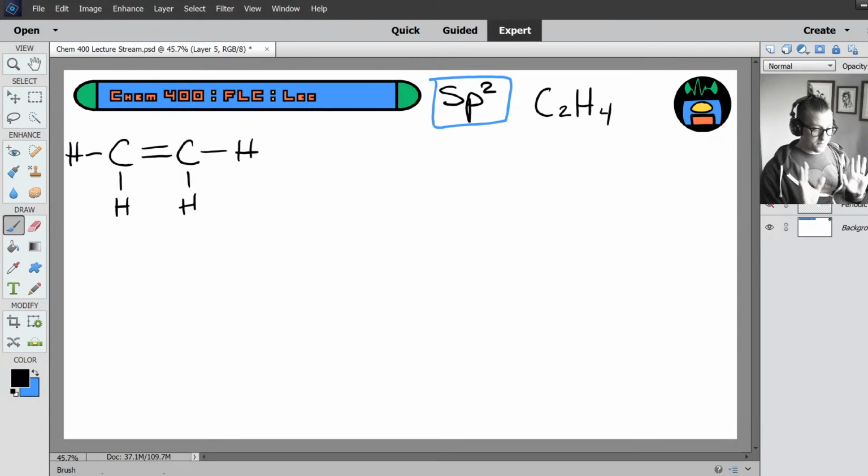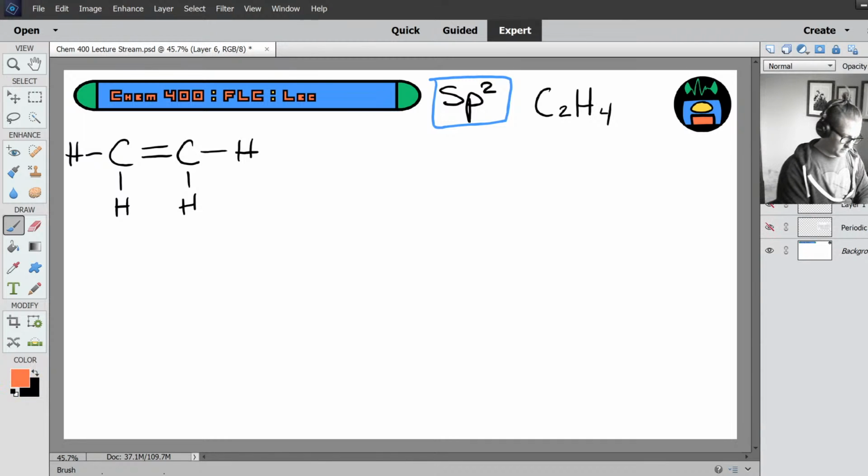Now we can look at each carbon atom and ask, how many electron groups does each one have? When you look at that first carbon, it has 3 atoms attached directly to that carbon.